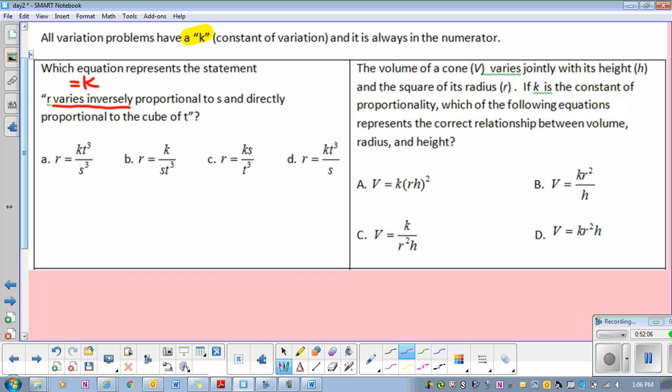So you have R equals k, but it's inversely, so I know it's going to be a divide by S. But it's also directly proportional to the cube of t. Does it say cube root? No. So it's cube of t.